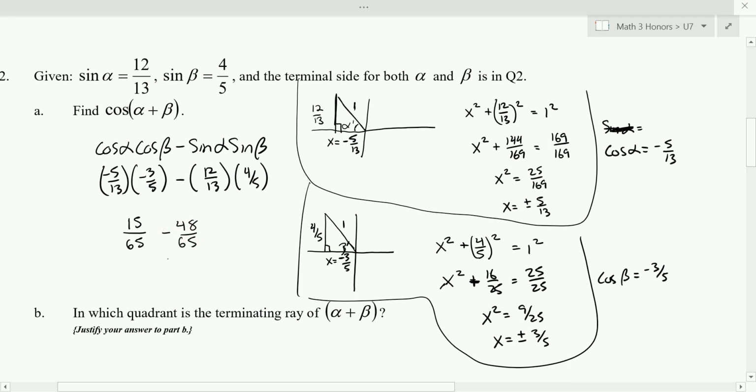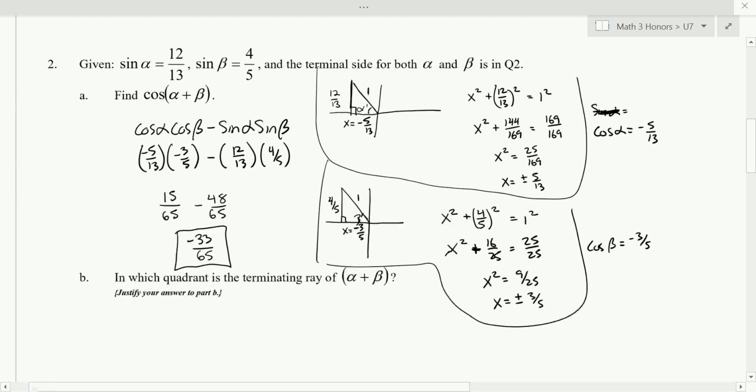And 15 minus 48 is negative 33 over 65. Can we reduce that at all? I don't think so. So we found our cosine. So that was part A.